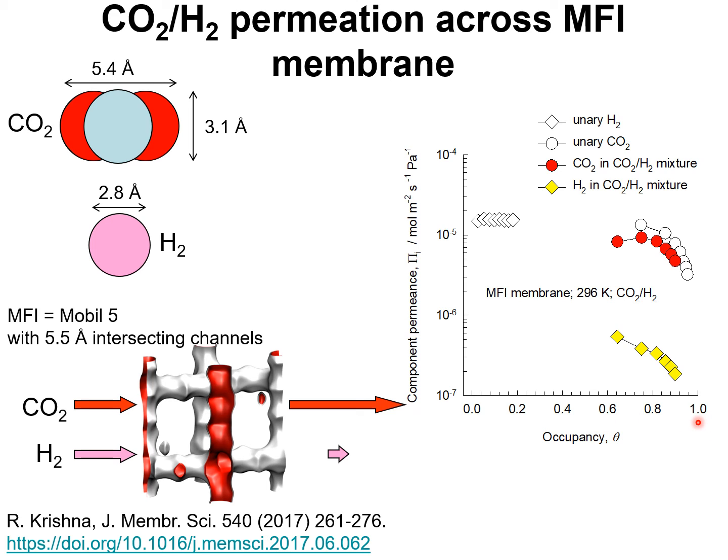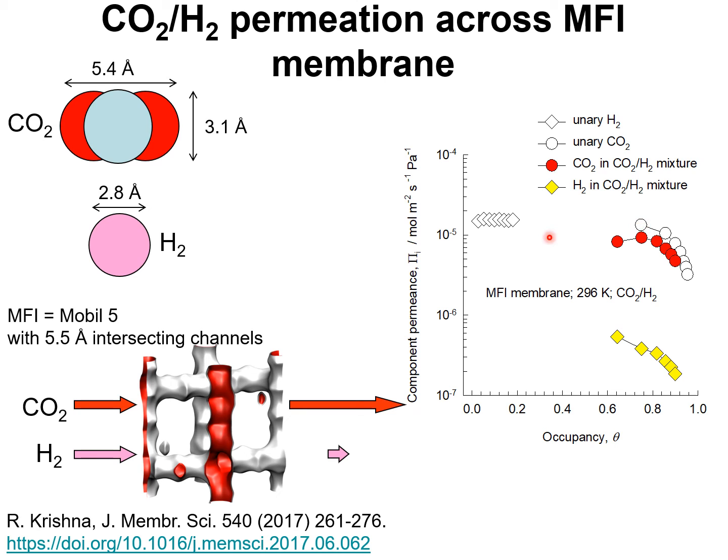There are two things to be noted. First, the component permeance of CO2 in the mixture is only slightly lower than the component permeance of CO2 on its own. In other words, the reduction in the permeance in the mixture is almost negligible for CO2.